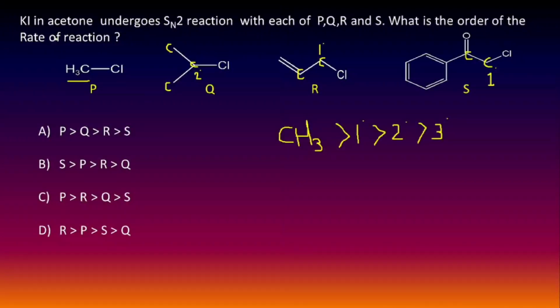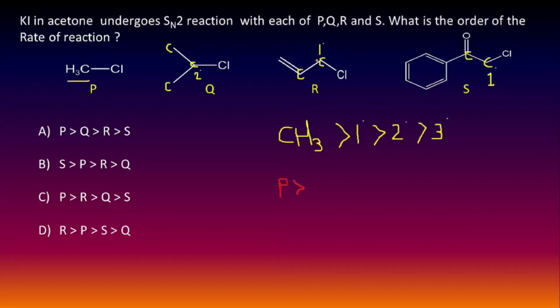So first will become methyl. So first will be P. Then what will be next? You know that this is primary.